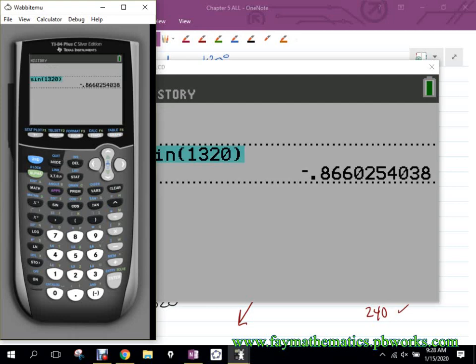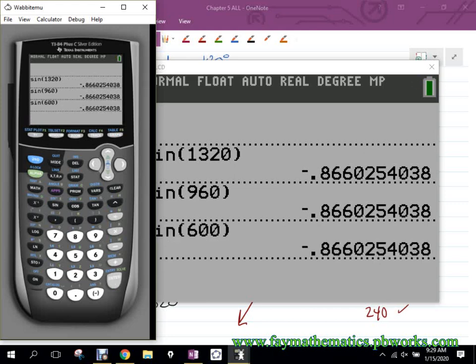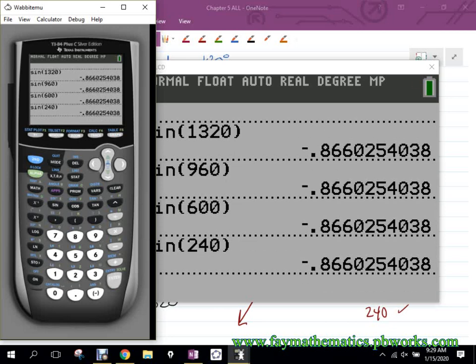So I'll go sine of 960. Doesn't give me the same number. Sine of 600. Doesn't give me the same number. Sine of 240. Doesn't give me the same number.